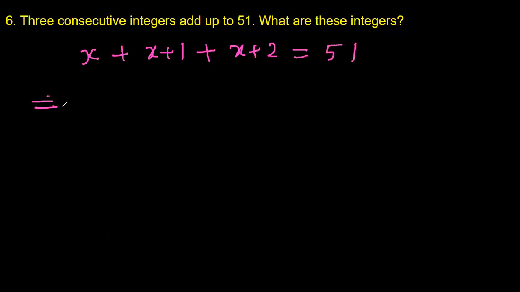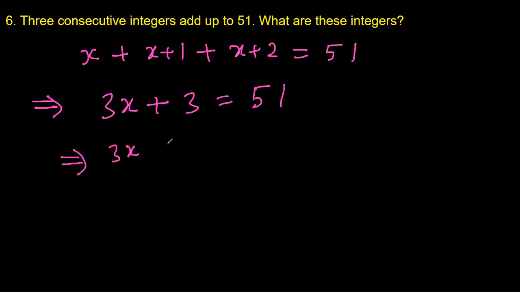What does this mean? We can add the like terms. x plus x plus x is 3x, and 1 and 2 make 3. So 3x plus 3 is 51. Can we keep the variable on one side? We have just one variable x, and 51 minus 3. This 3 will be taken to the right. 51 minus 3, that means 3x is equal to 48.